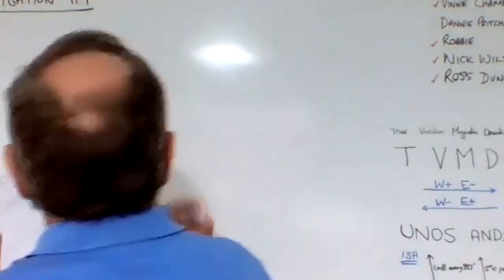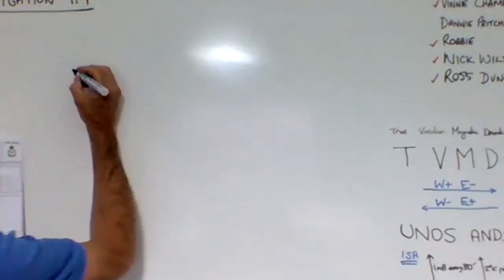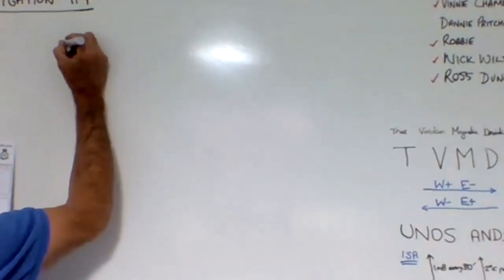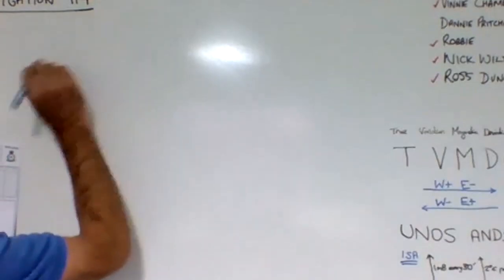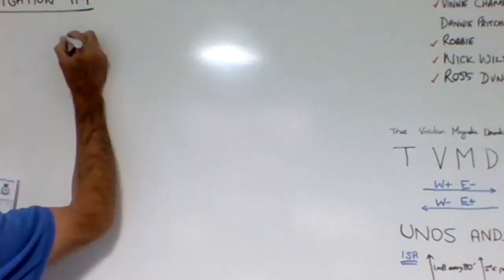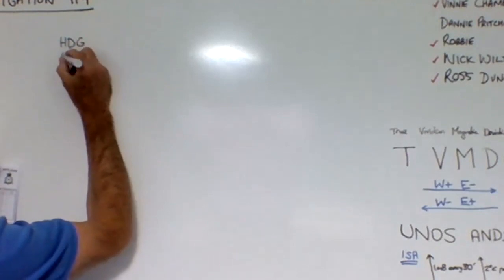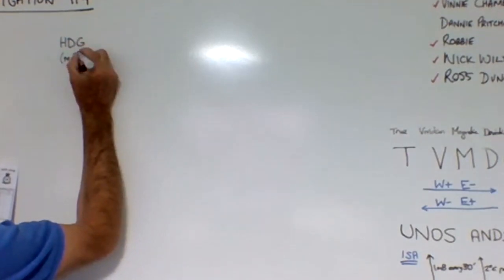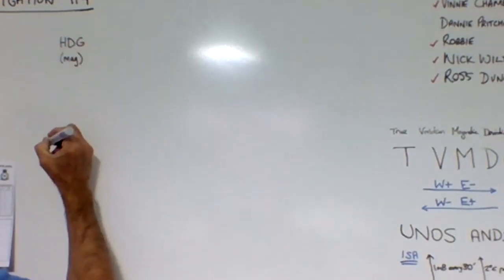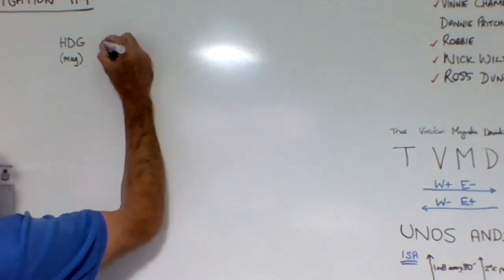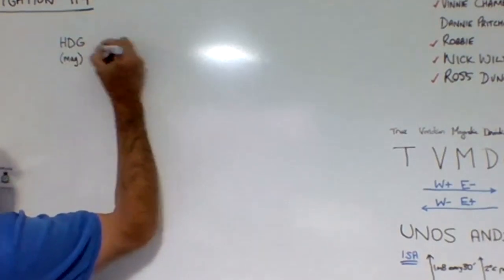The idea is you would finish up somewhere along in all plogs with your heading, which would be magnetic, and how long it's going to take you in minutes.